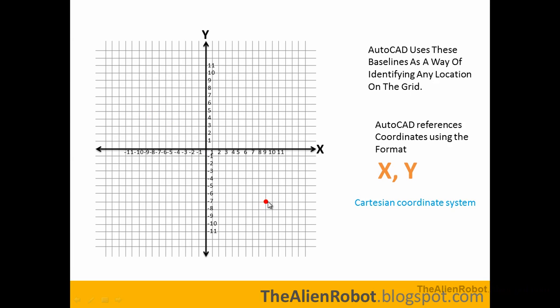The other point we pick is right here, and it has a value of +9 in the x direction and -7 in the y direction. AutoCAD uses all these points and lines to maintain the accuracy of our geometry.